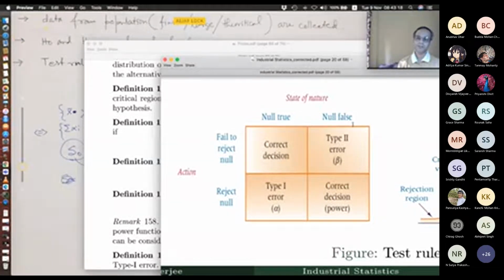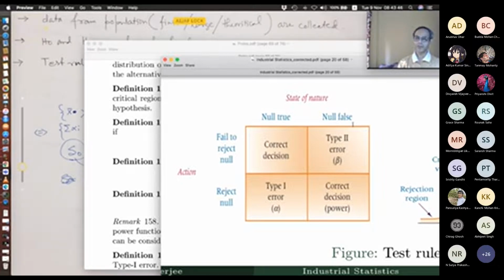So you need to compare the power function given they have the same size or level under the same null and alternative hypotheses, with data coming from the same population. To evaluate more than one testing procedure, we need to check the power function.